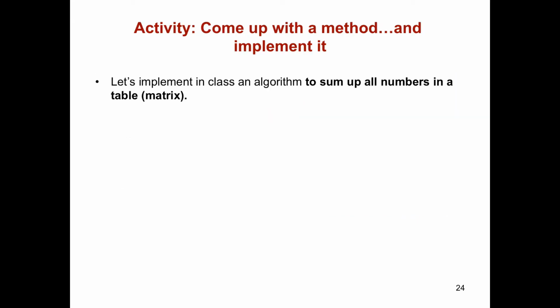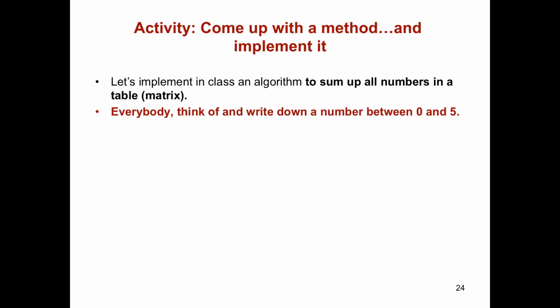All right. Now let's actually come up with the method and implement it. And we're actually going to hint at how parallel computers are working here. So what we're going to do is we're going to sum up some numbers here in the class, okay? And do it in a table, and I will assume that all of you are in a table of numbers. So first thing, everybody think of a number between 0 and 5 and write it down.